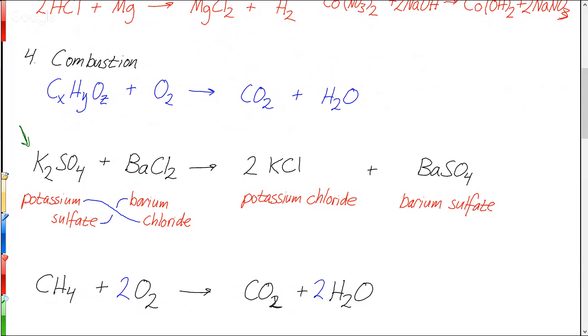You see how everything stays the same throughout the reaction? They change partners, but potassium is still +1 in both cases, barium still +2, sulfate's still -2, chloride's still -1. None of the charges have changed. So that means that no electrons are changing places. The ions are rearranging to be with different partners, but the electrons aren't changing. And so that tells us that this is not a redox reaction. Everything's keeping its same charge.